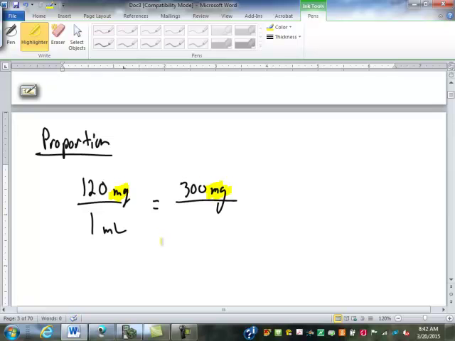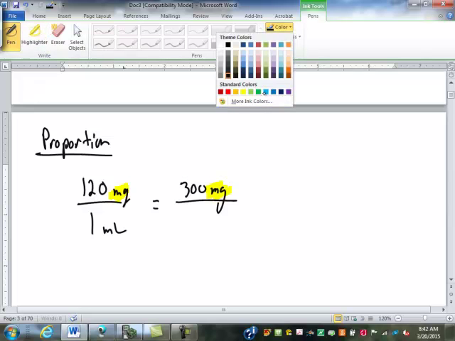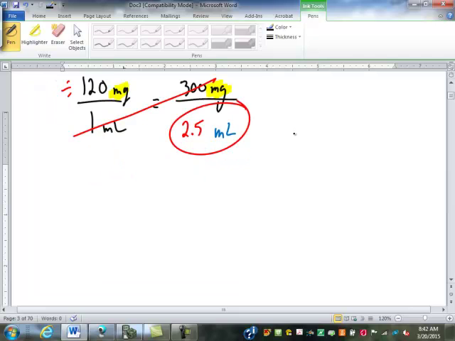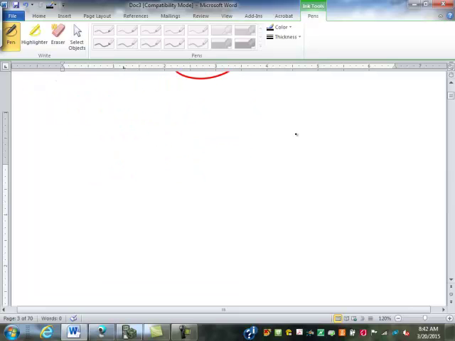Milligrams have to be lined up with milligrams. So then down here, we know this will be milliliters. We can cross multiply and divide. 1 times 300 divided by 120 is 2.5. So we know we're going to get 2.5 milliliters. It's nice that we got the same answer both times, at least so far.